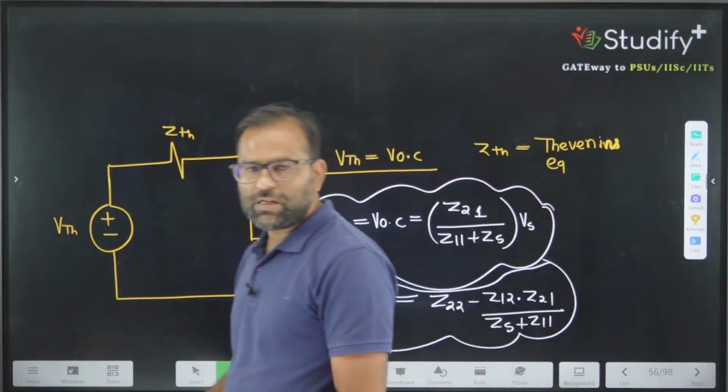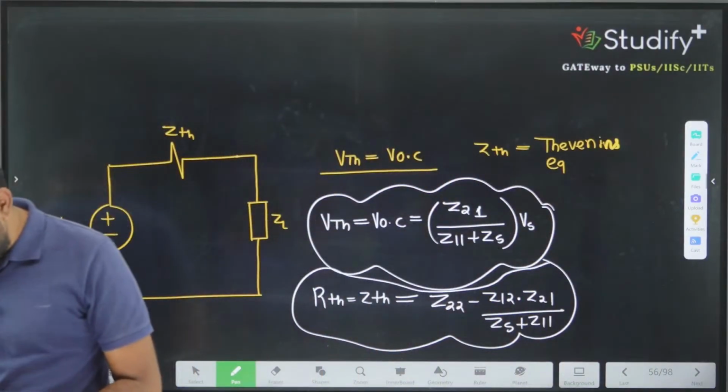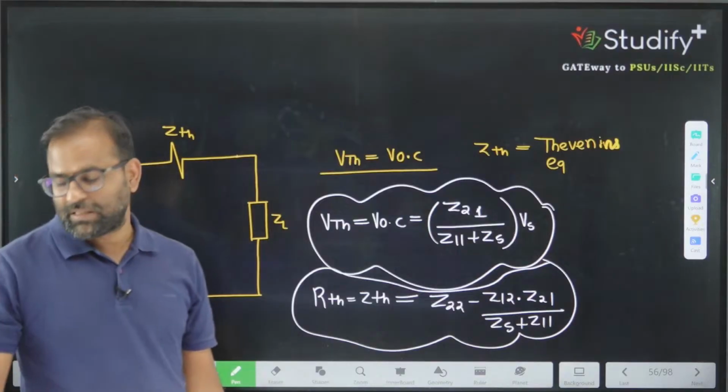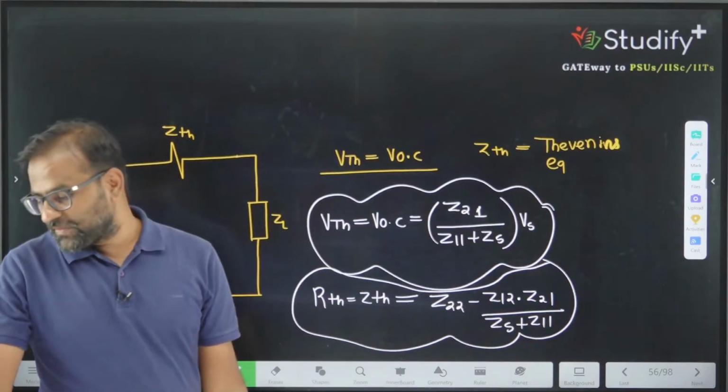This is the value of RTH. This is how you can calculate the Thevenin's equivalent of the given circuit.